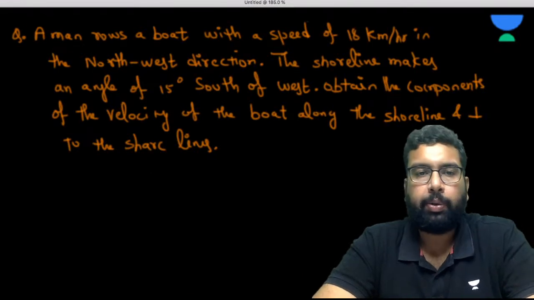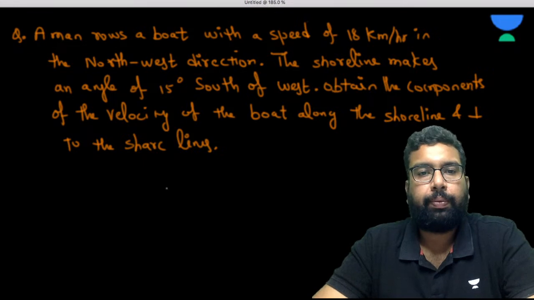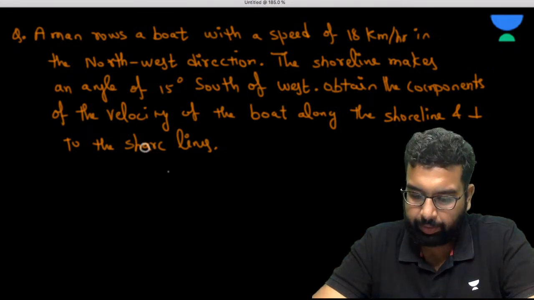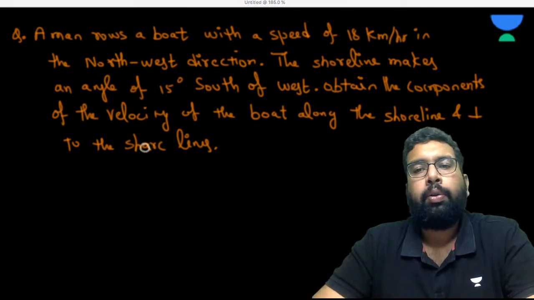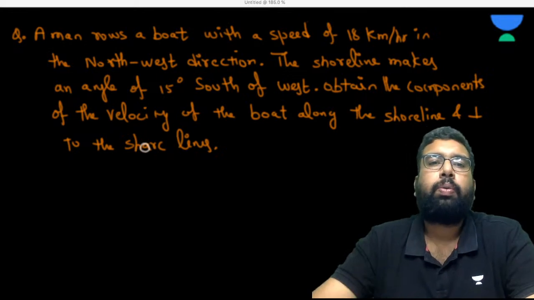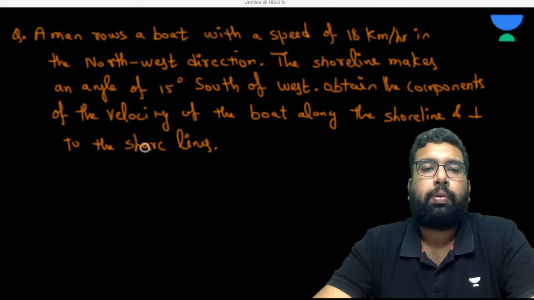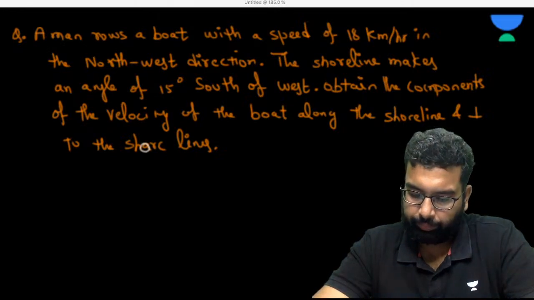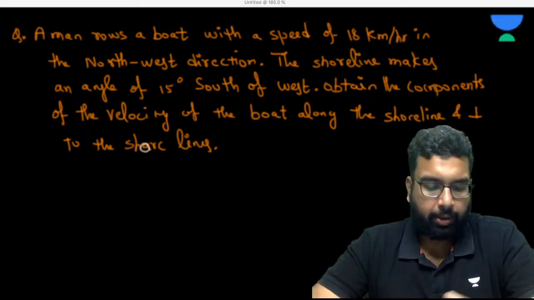Now please do this. Vivek, hello my dear. What we are doing here, beta, is trying to find the path of the swimmer in order to reach the shore. Please try to do that.